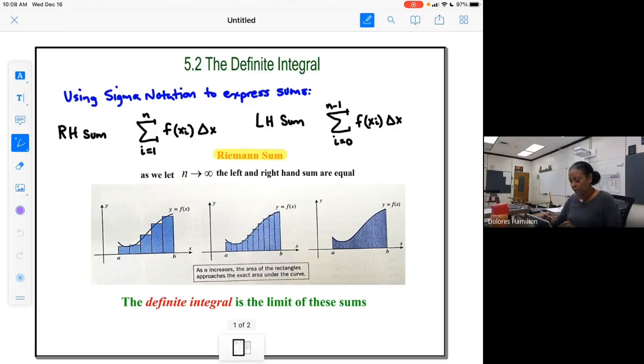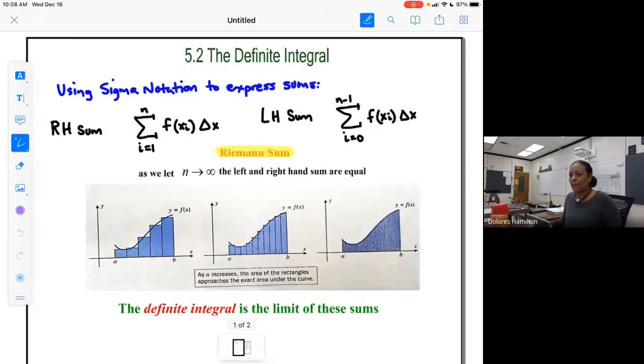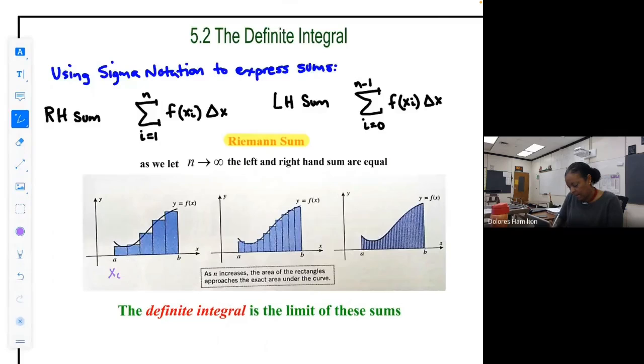Over here, you'll see, and it's probably been a minute since you've used sigma notation back in pre-calc, that if I am using a right-hand sum, you remember that x sub 0 is my a, and x sub n is my b term, followed by x sub 1, x sub 2, and so on and so forth.